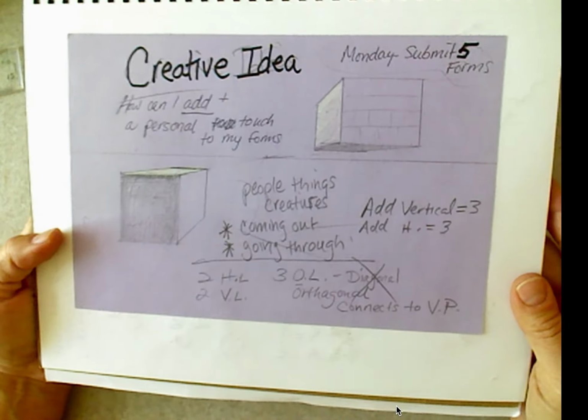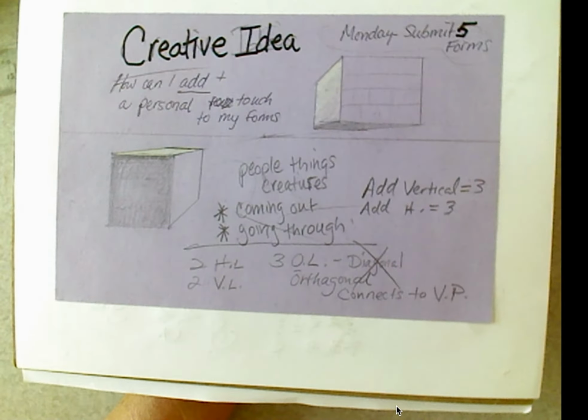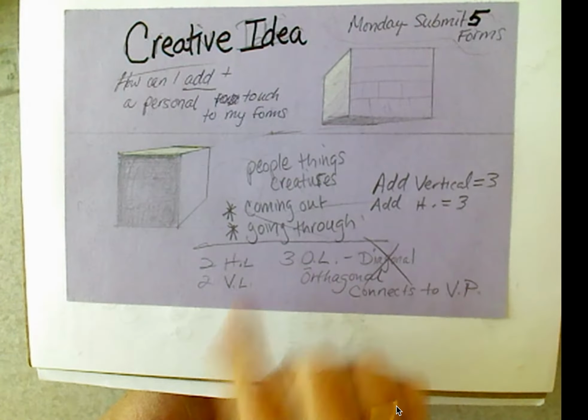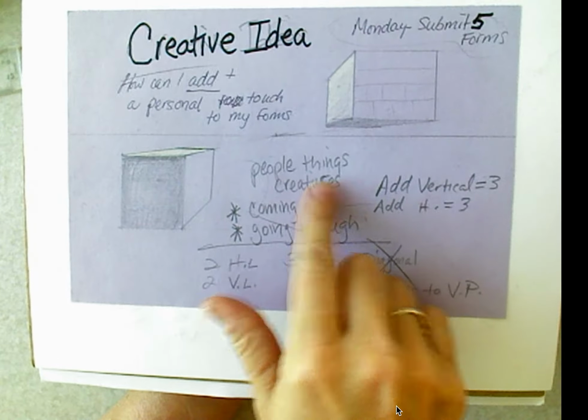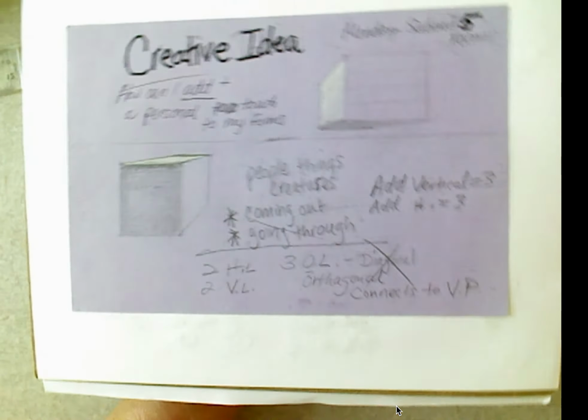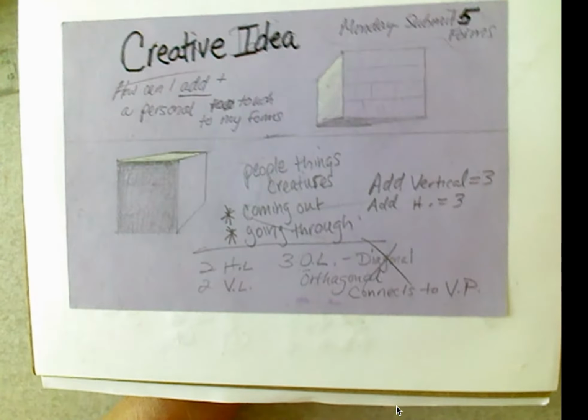From that, you have the option to add to your work by perhaps putting a scene in here, putting people, places, or things coming out, going through, and adding your own idea.